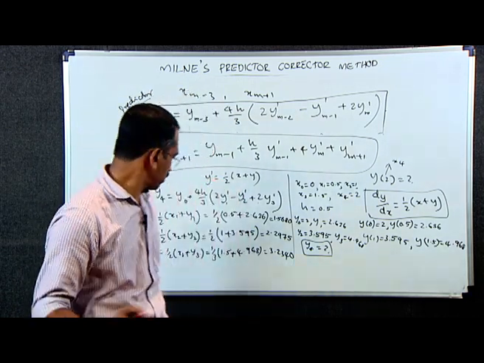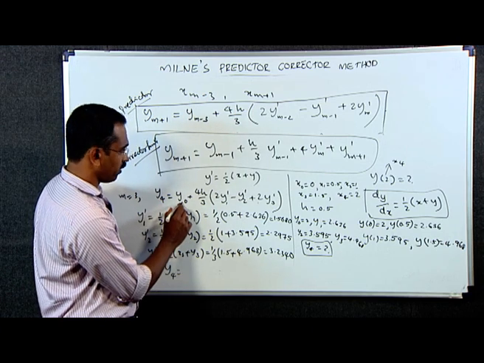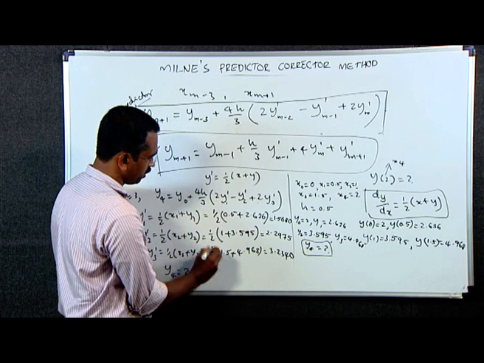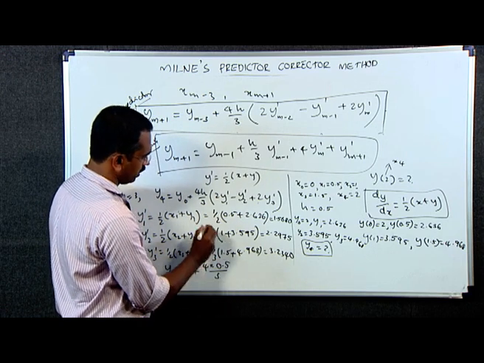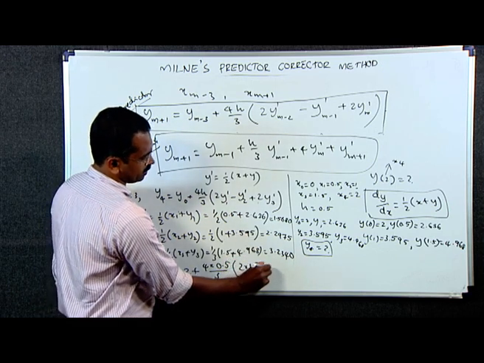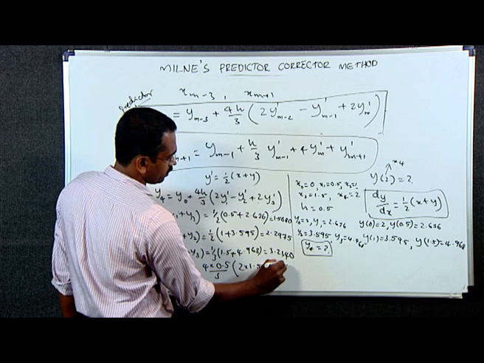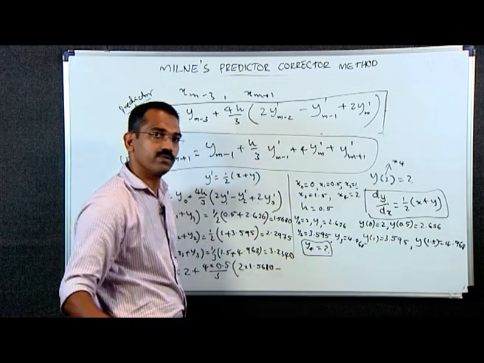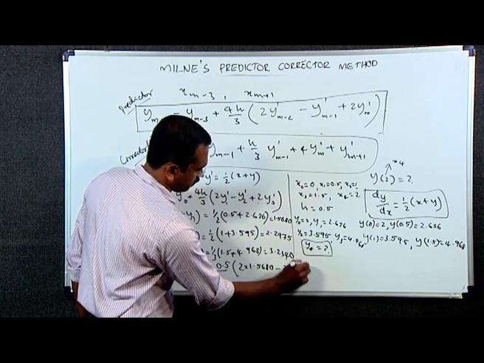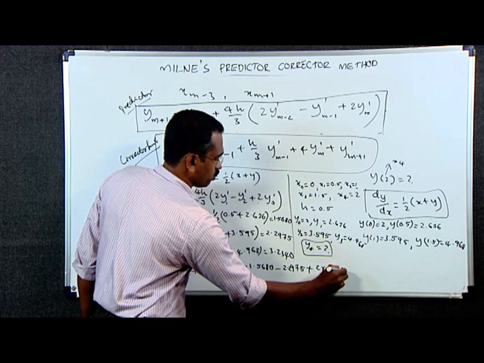Substituting these values, y4 is equal to y0, which is 2, plus 4 into h, which is 0.5, divided by 3 into (2 into 1.5680 minus 2.2975 plus 2 into 3.2340).